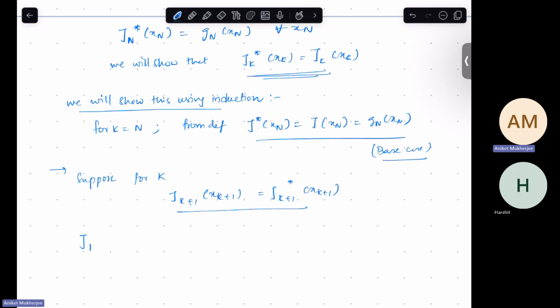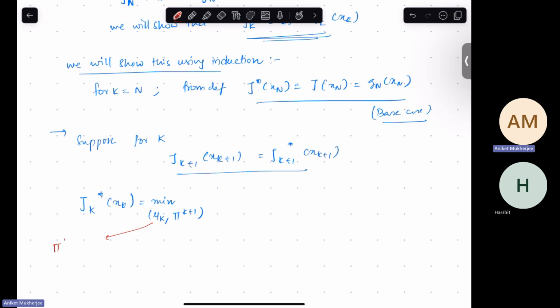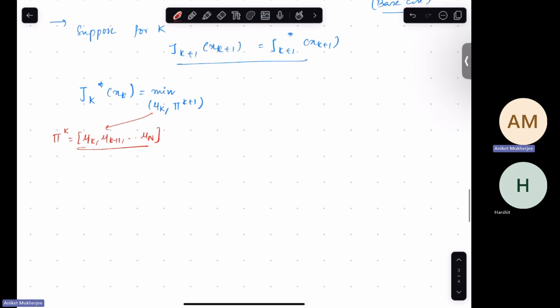So now I'll write down Jk star of xk. Jk star of xk is the minimum over pi k. I'll write this separately. You have the vector pi k, which is mu k, mu k plus 1, and so on to mu n minus 1, the truncated policies which we have defined here.